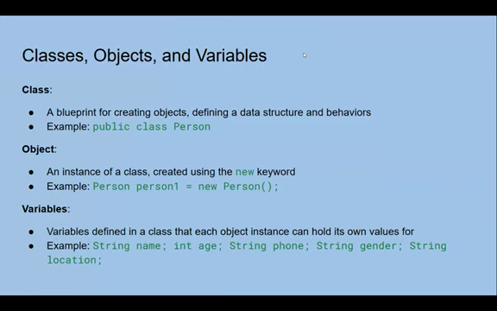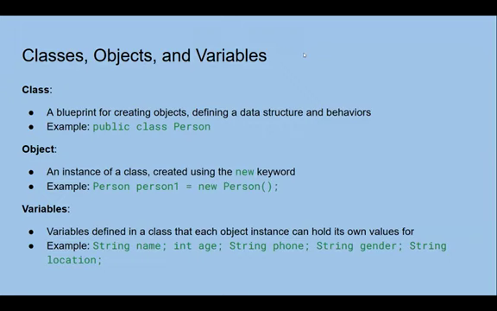It defines a data structure and the behaviors that the objects created from the class can perform. For example, a simple class definition could be public class Person. In this, the class name is Person. Classes help us organize our code and model actual real-world entities in our programs.